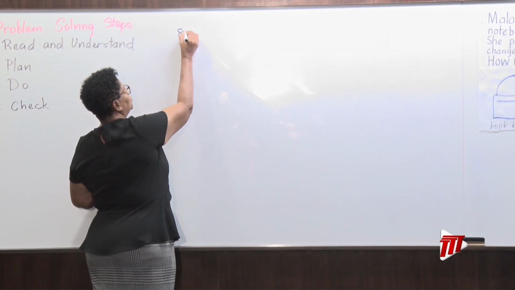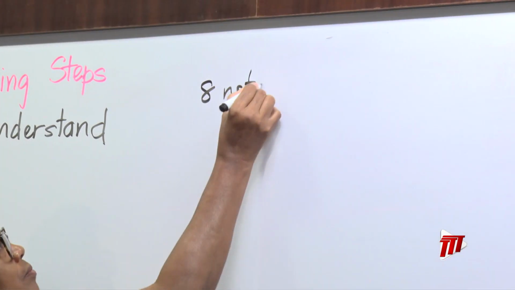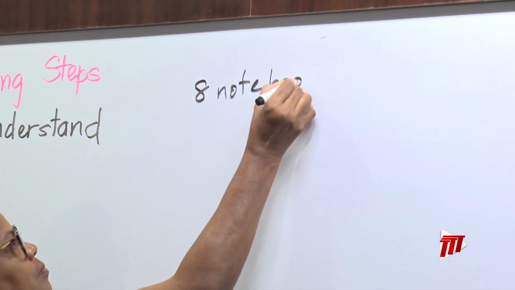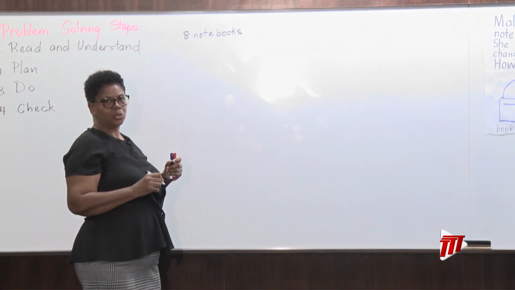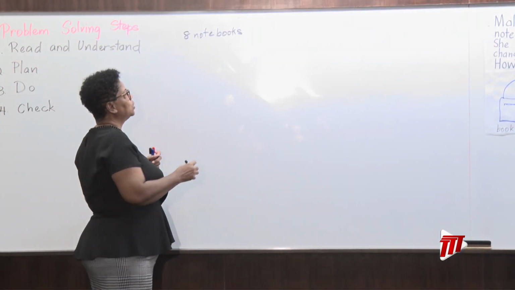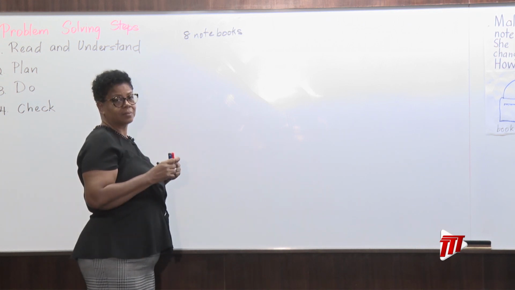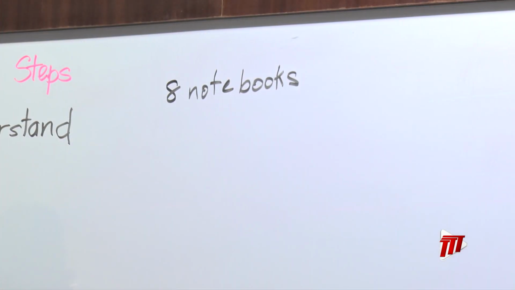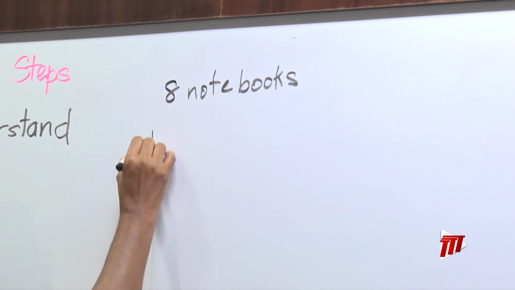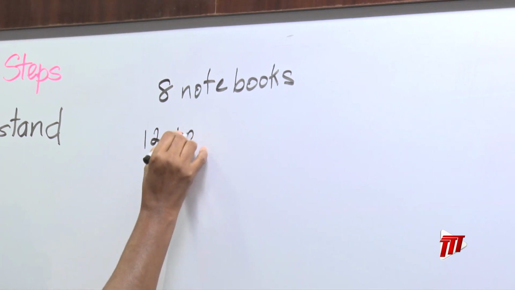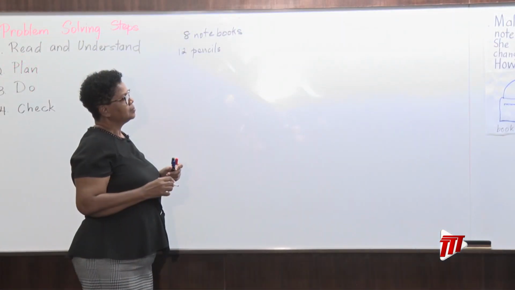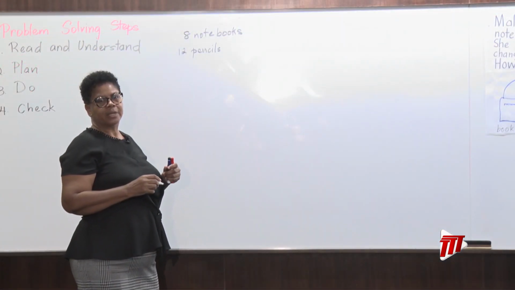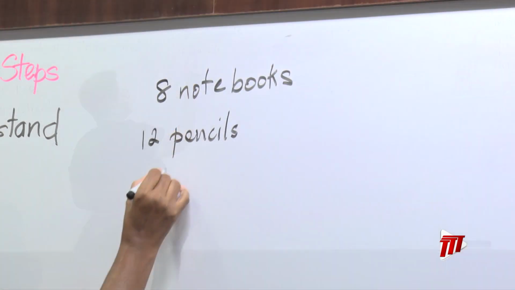She bought 8 notebooks. We also know that she bought 1 dozen pencils, and 1 dozen is 12, so we'll write 12 pencils. We also know that she bought a book bag, 1 book bag.